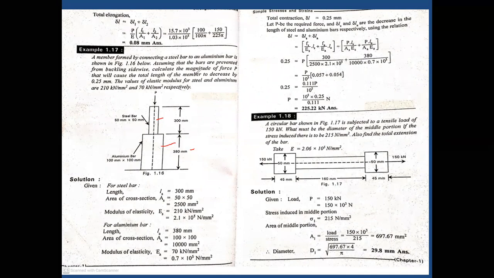Assume that the bars are prevented from buckling sideways. For horizontal beams we don't face this kind of failure, but in the case of vertical members, the columns or pillars of a house, there will be dead weight of the building while designing them.